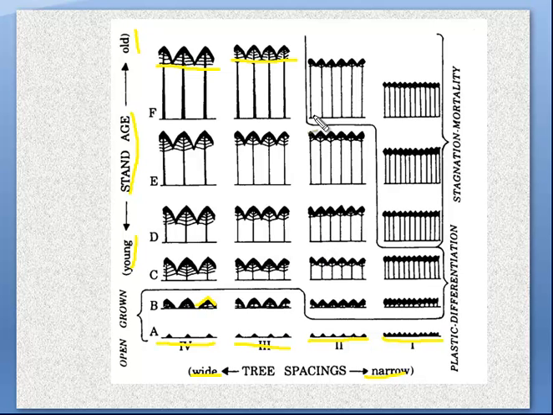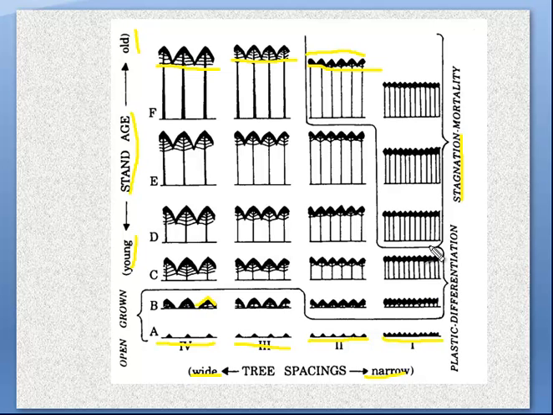What happens is these trees here are the same age as these, but because of excessive competition, height growth is actually influenced. You can see how small the crowns are on these trees, and these are exactly the same age as these trees. And then the worst case scenario, by the way, when you have height influenced by the competition, this is called stagnation.